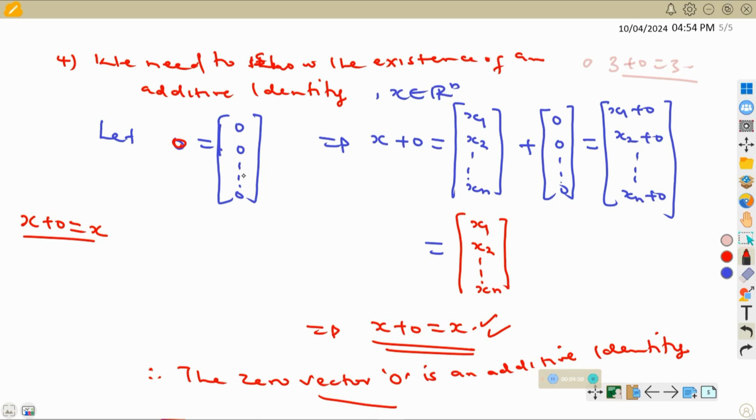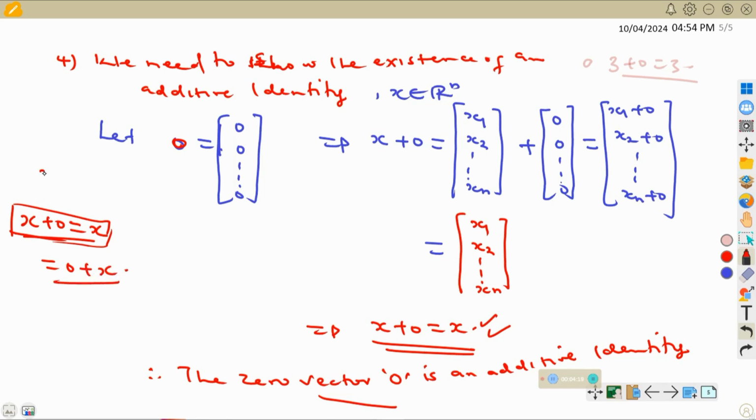In case you don't know how to get this one, you can easily first consider this case here, because this is your interest. This is what you need to prove. So you need to show that x plus 0 is equal to x, which is the same as 0 plus x as well.